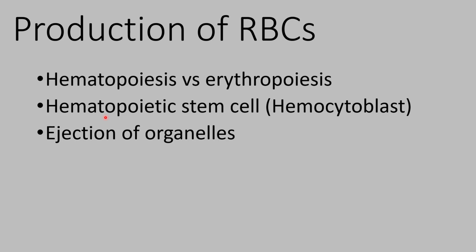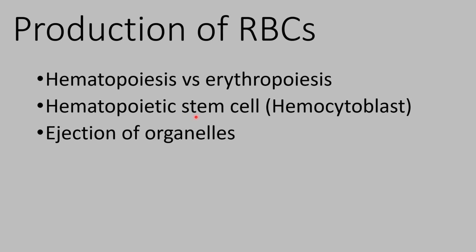And it doesn't matter which cell type we are making. We begin with a hematopoietic stem cell. Hematopoietic stem cells are stem cells that are constantly going through mitosis to create other cells.